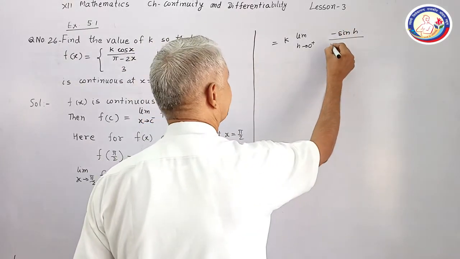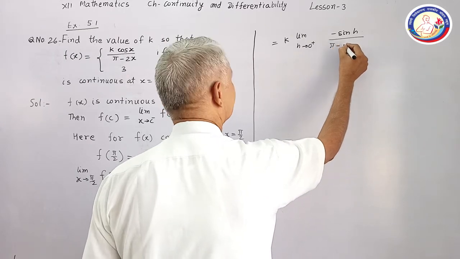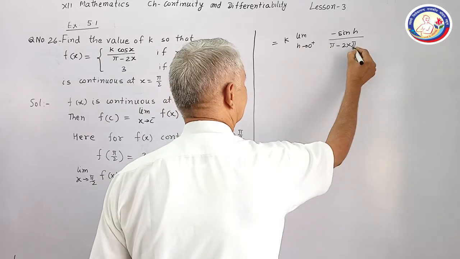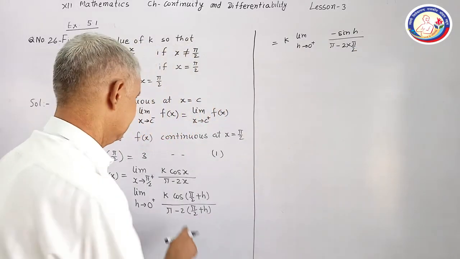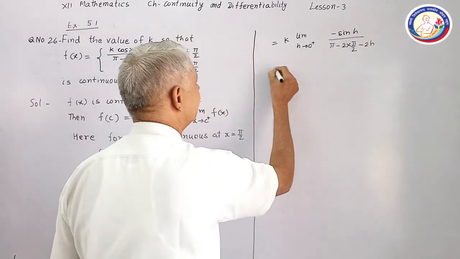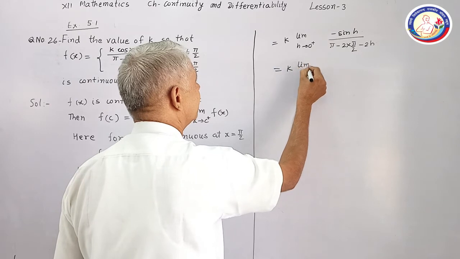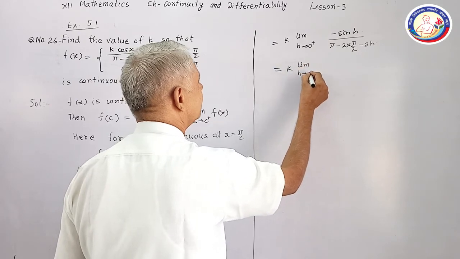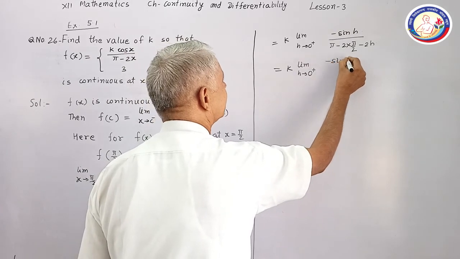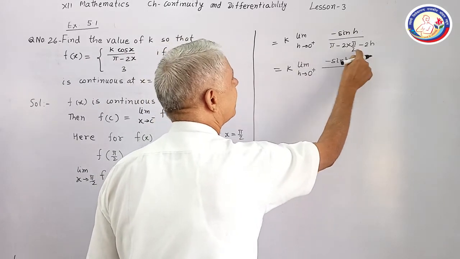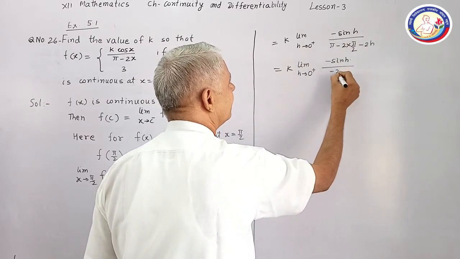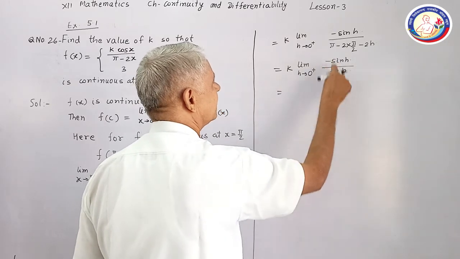Now pi minus 2 into pi by 2, and solving this, it will be minus 2h. This will cancel out. k into limit h tending to 0 plus of minus sin h upon 2h. Minus cancels with minus.